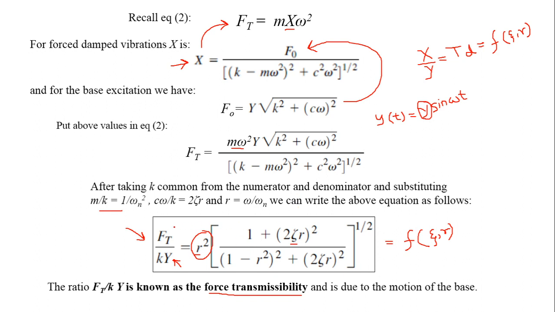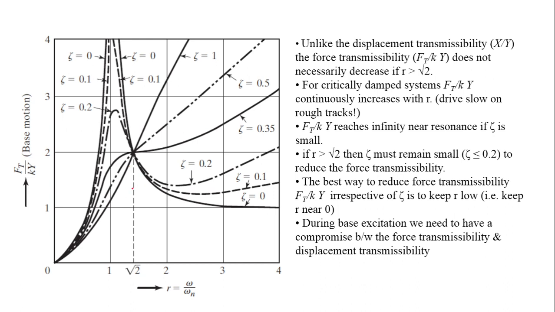Now again we can plot the values of F_T upon kY as a function of zeta and r, and we can notice a few important points. The first thing is that irrespective of the values of zeta, whatever these values are, 1, 0.1, any value less than 1 and greater than 0, all these curves approach 0 if r approaches 0.